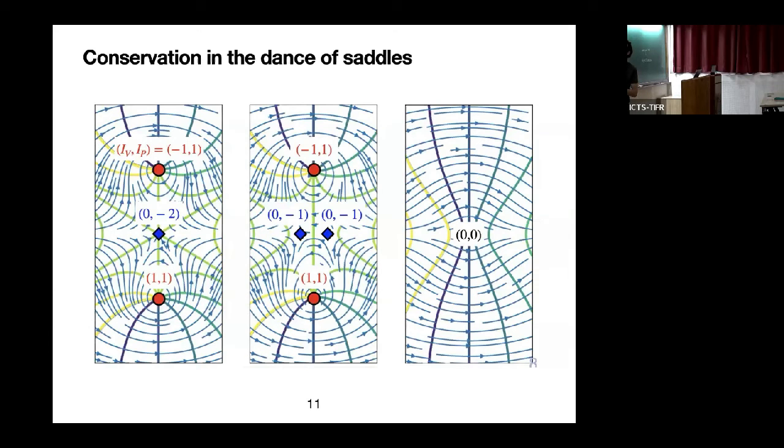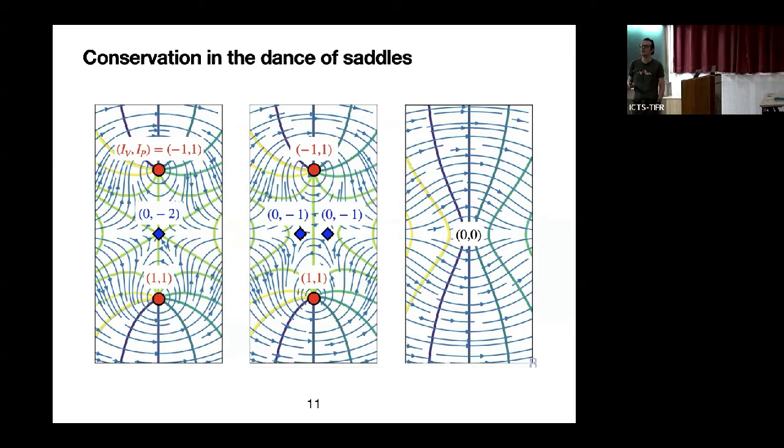And you have your two vortices, one with vorticity -1, the other with 1, but with Poincaré index equal to 1 for both. And as you can see, here our structure with -2 for the Poincaré index separated into two saddles. It's conserved locally. You have -1 plus -1. And then when they all annihilate together, it's just a simple addition of indices, you get 0, 0. And here it's normal because you don't have any critical points.